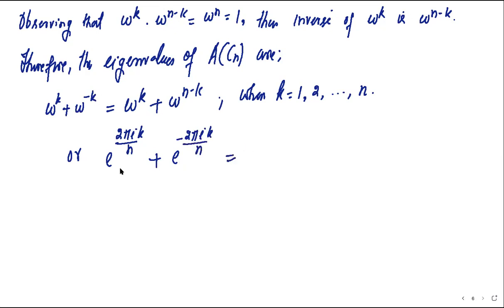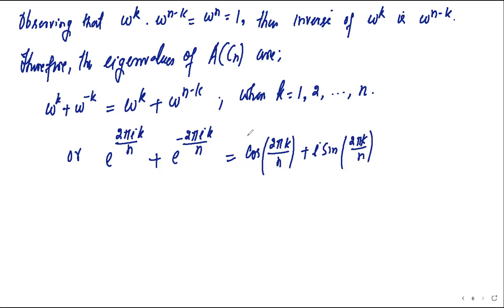Now, in terms of cos and sine, the first term is cos 2 pi k by n plus i sine 2 pi k by n.